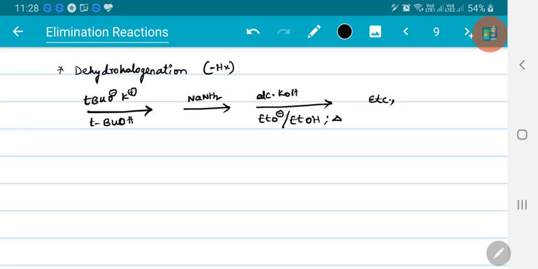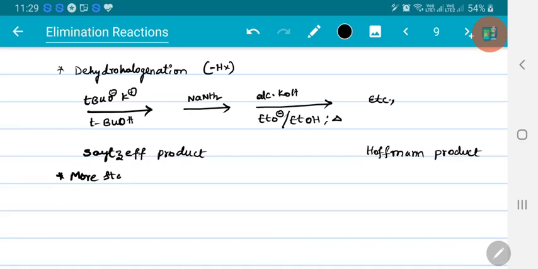Here generally the Saytzeff product is the major product, so such reagents may lead to the Saytzeff product as well as the Hofmann product. Generally the Saytzeff product is major and the Hofmann product is minor. The big reason why the Saytzeff product is major is that a more stable alkene is formed, with more hyperconjugation, or simply we call it a more substituted alkene is formed.